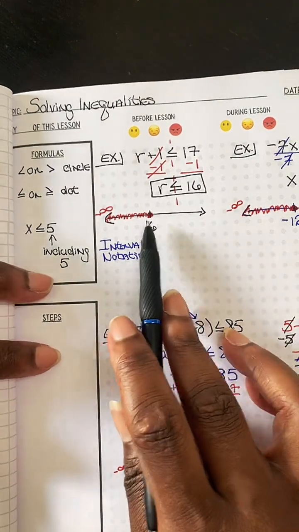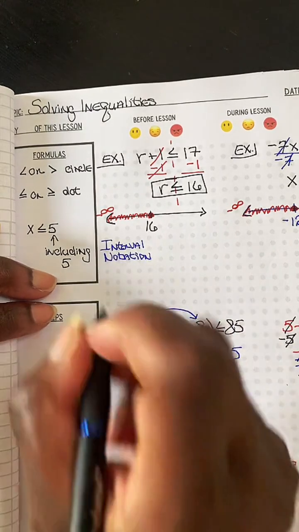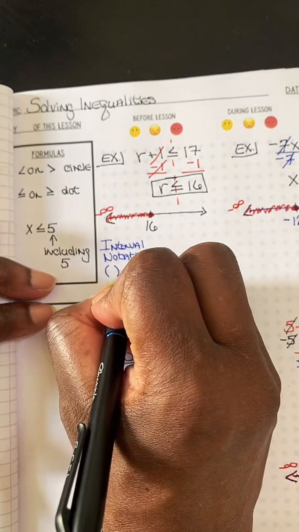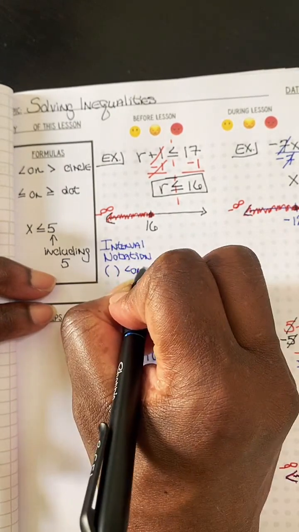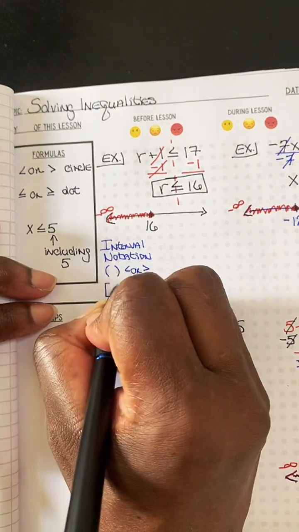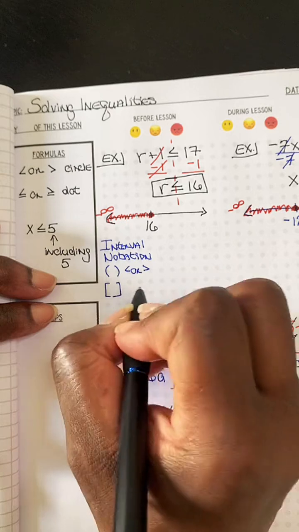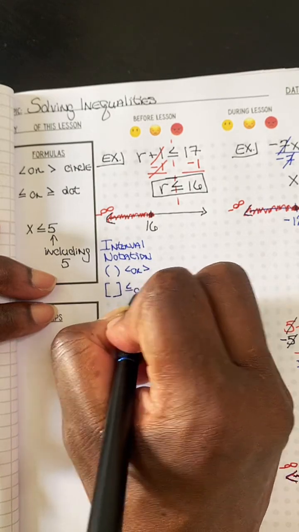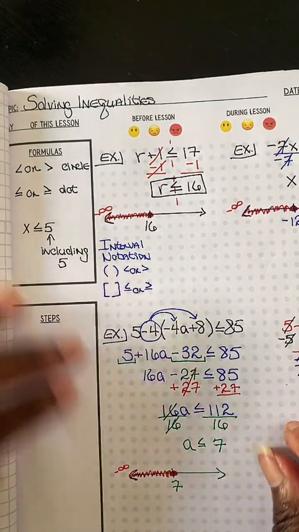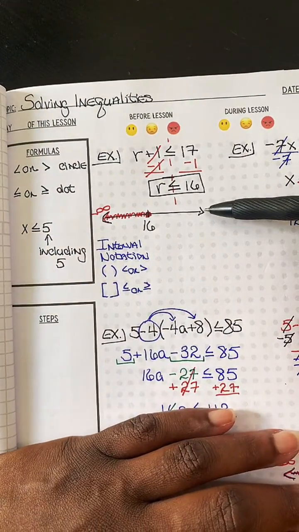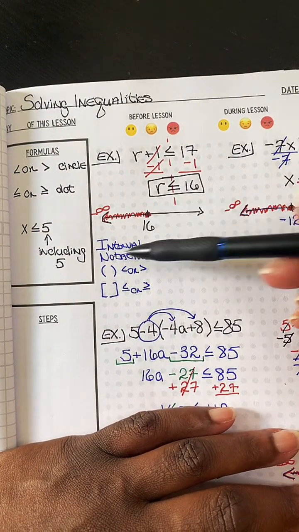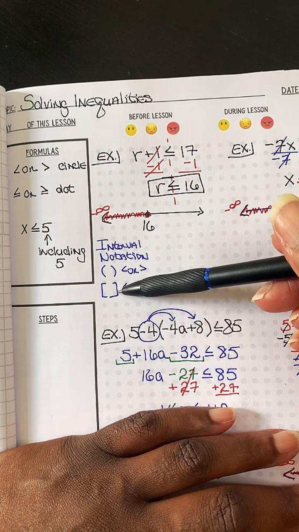So with interval notation, parentheses usually happen when I have a less than or greater than situation. Brackets usually happen when it's an equal to, so less than or equal to or greater than or equal to. Instead of dealing with the graph using dots and circles, they're using parentheses and brackets.